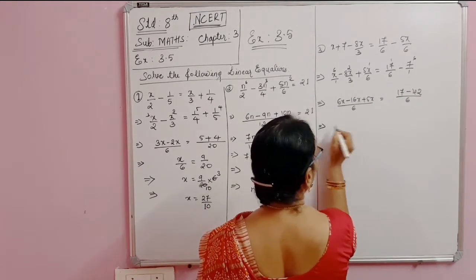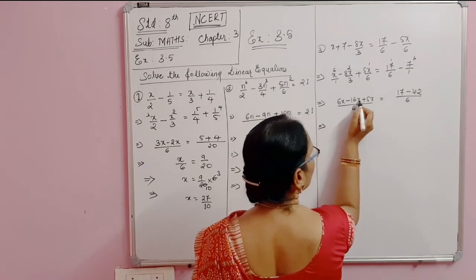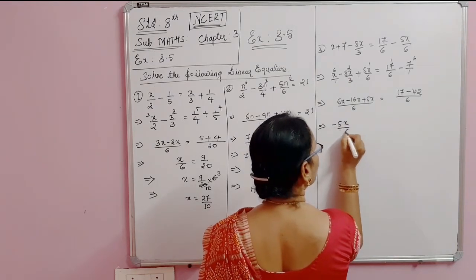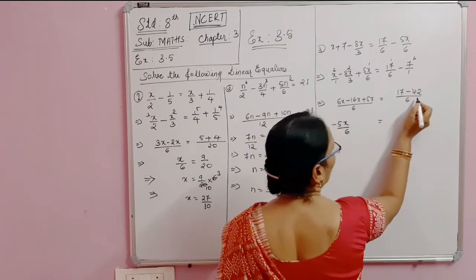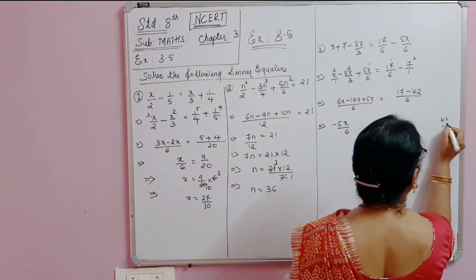Now this implies that 6x plus 5x is 11x, 11x minus 16x, 11x minus 5x by 6 is equal to, see here, 42 minus 17.